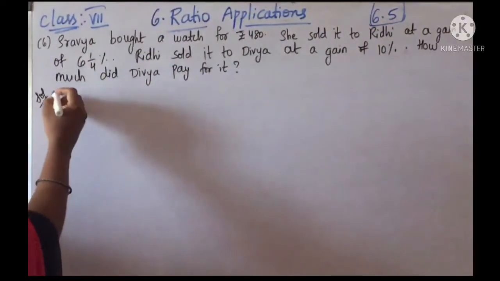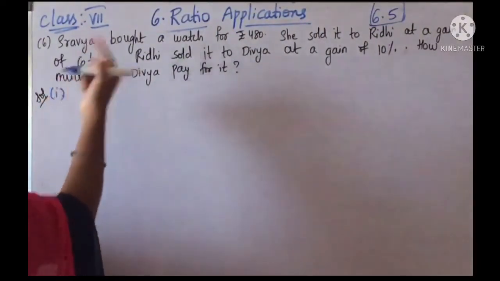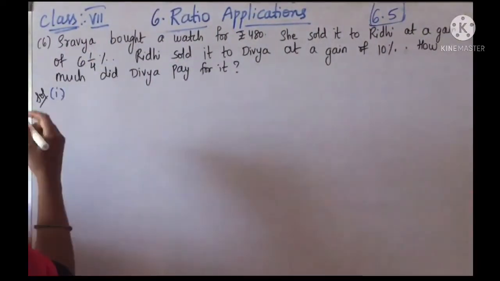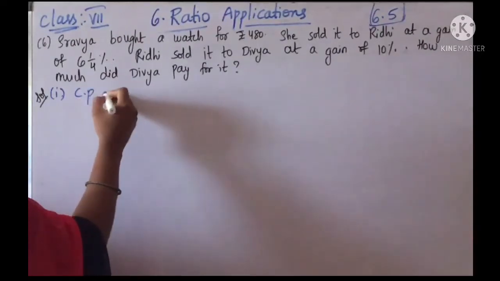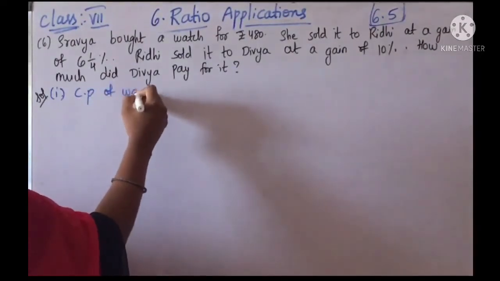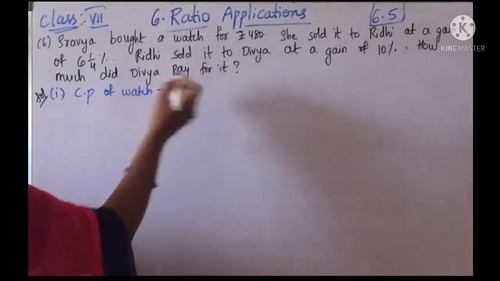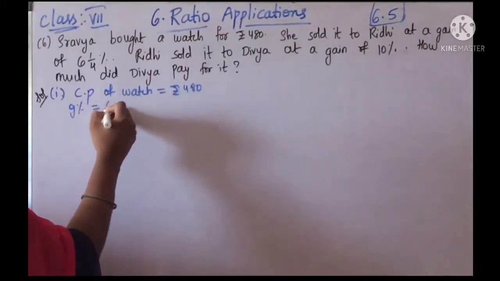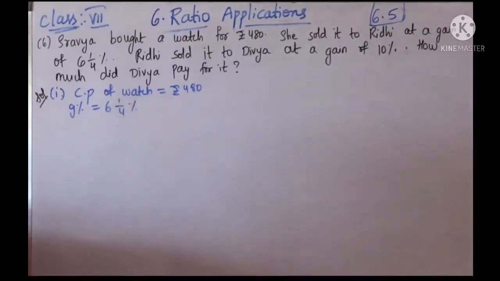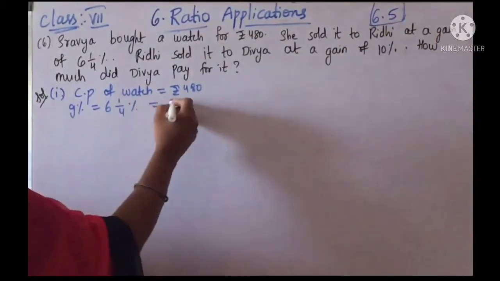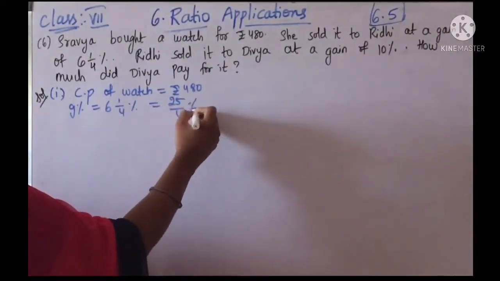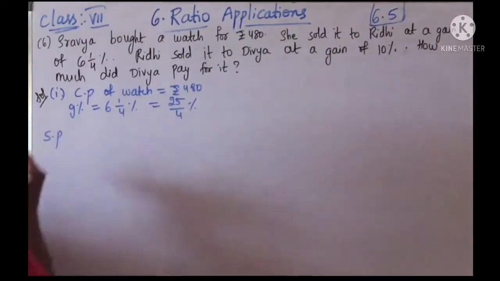In the first part, what is given? Shravya bought a watch, so CP of the watch is 480, and a gain percentage of 6 1/4%. 6 1/4 converted into an improper fraction is 25/4%. So here we need to find the selling price of Shravya.